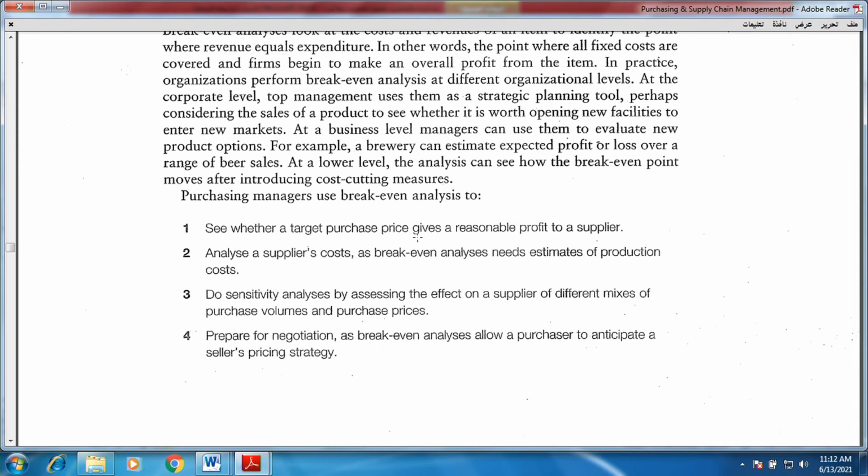Think about the supplier's cost and how we can estimate the production cost. Think about how we can assess or analyze different purchasing volumes and different purchasing prices, how they can negotiate the prices with the suppliers, and how they can anticipate the pricing strategies.